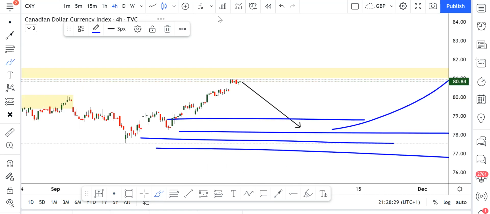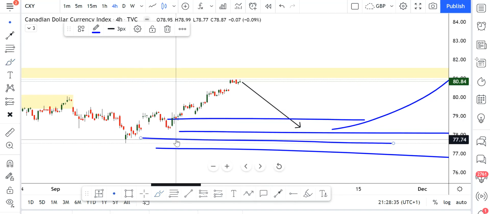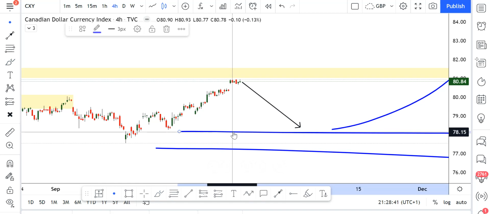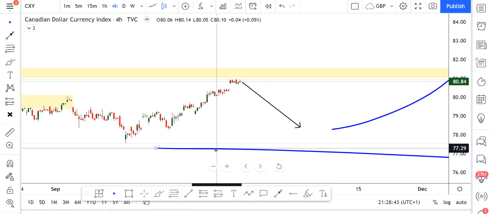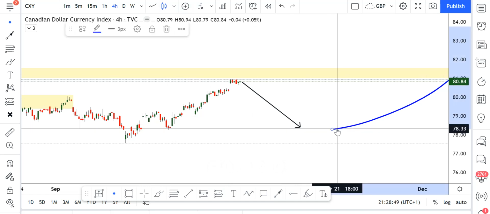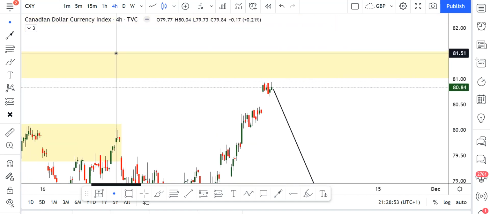Now, if we go to the 4-hour time frame, what can we see? On the 4-hour time frame, like we said, it's already showing some intention that it wants to sell. But please note that further confirmations will be needed before we can make that decision.